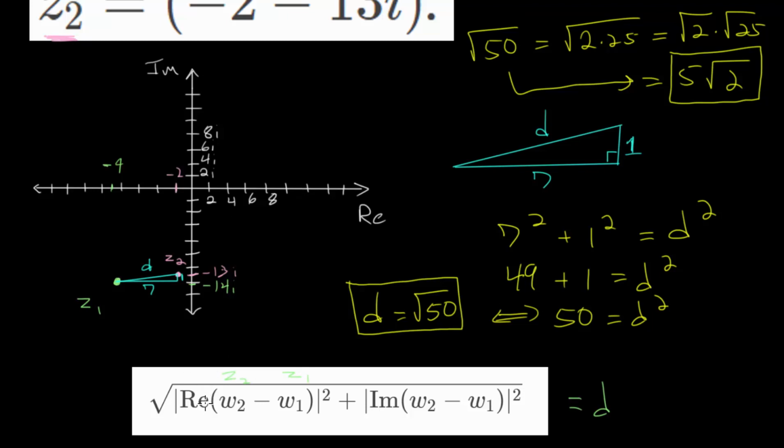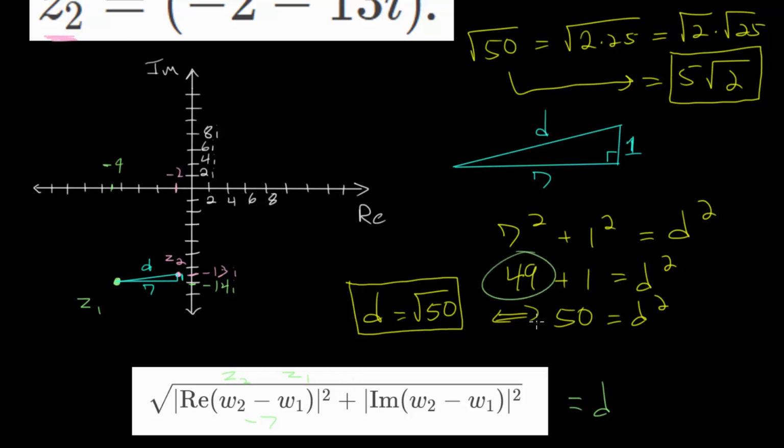So we find the real parts of z2 and z1, we find their difference, we take the absolute value and we square them. So in our case we had -9 and we're subtracting -2, so adding 2, which would give us -7, but we take the absolute value of that and then square it.